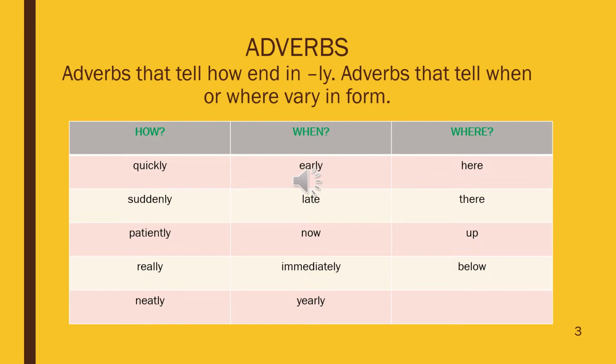These are the adverbs that you are going to use to answer the question how. Remember, all the adverbs that you have under how end in ly. Now, let's go to the next column. When.